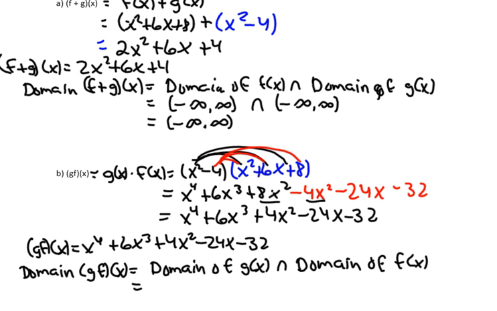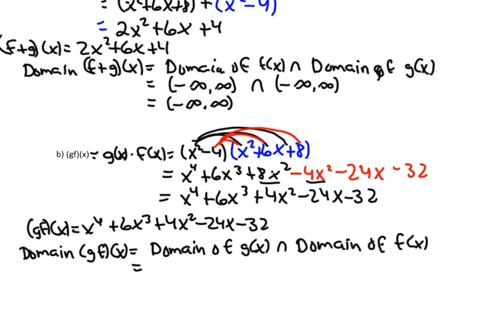We know the domain for both is negative infinity to positive infinity, so I'll write it one more time just to show. If you don't need to write this intermediate step, you don't have to. So the domain, g f of x, is negative infinity to positive infinity. Again, no matter what real number I plug into this, I will always get a real number coming out.